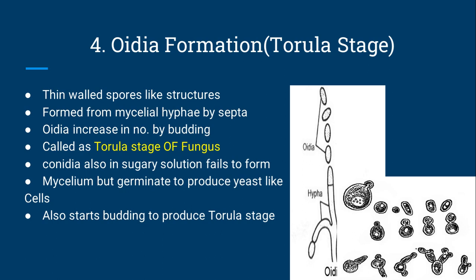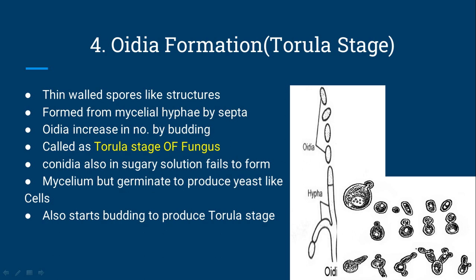But this oidia formation and budding occurs in a sugary solution. So there are certain conditions in which these bud-like structures in the oidia are formed. Now the next, not only the mycelium, even the conidia, if they are grown in a sugary solution, fail to form mycelium.